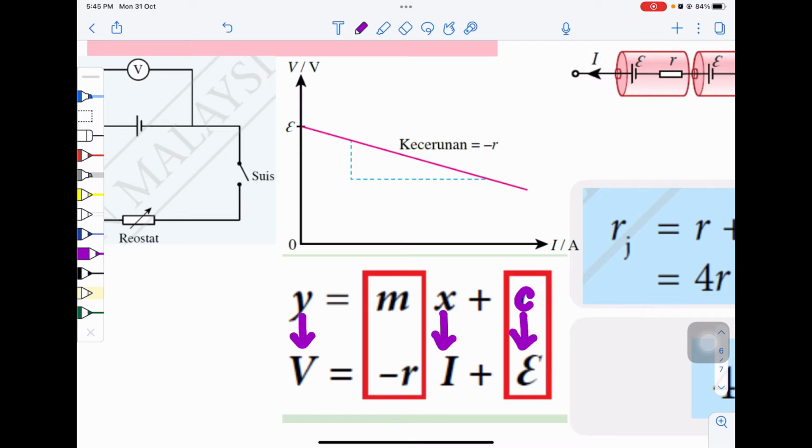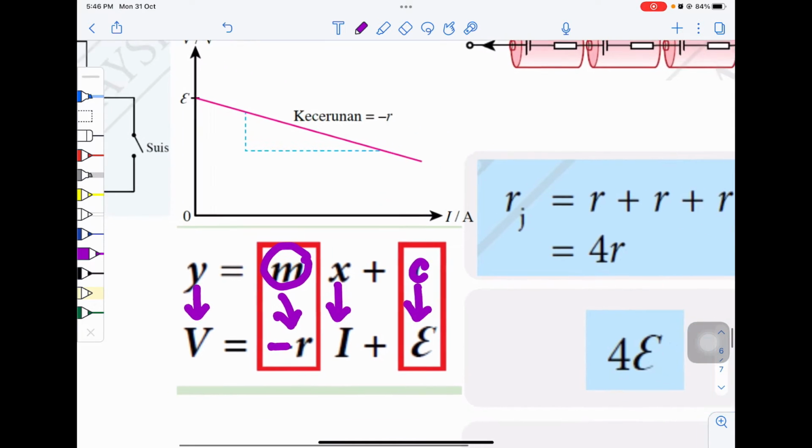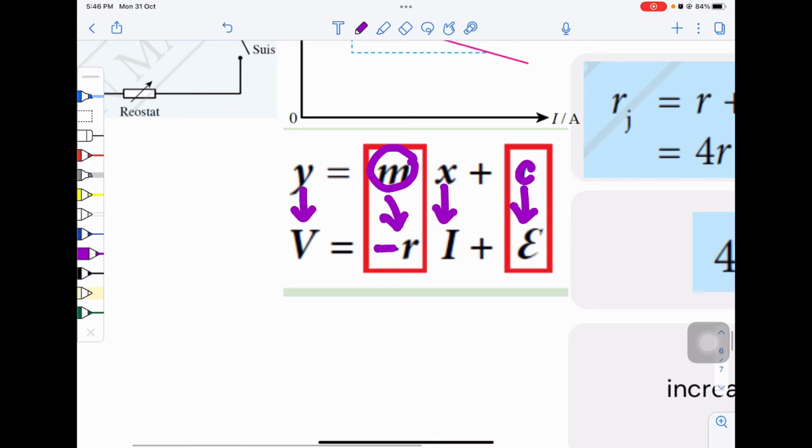And then we have the gradient. You should know the gradient is negative because it is decreasing. And the magnitude gives you the internal resistance. So from this graph, we rearrange the formula. We can also write it this way.